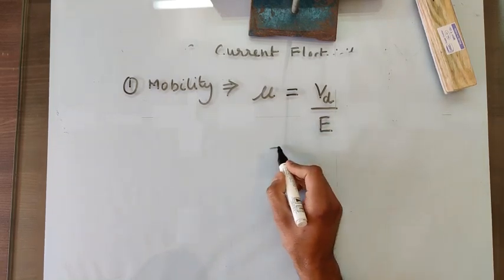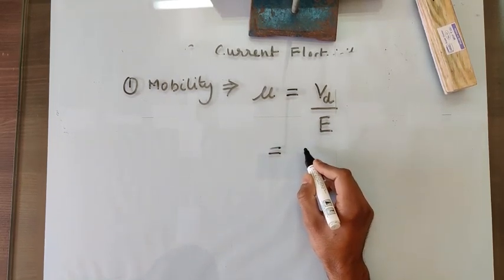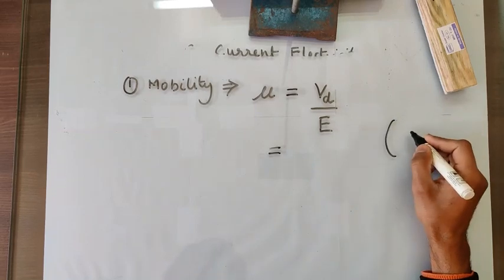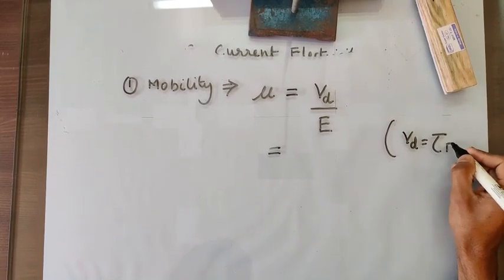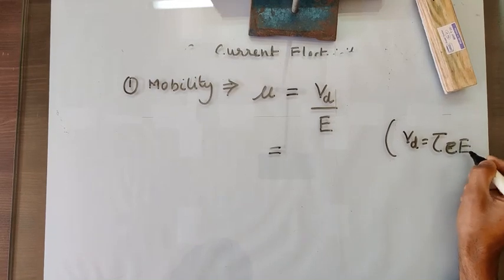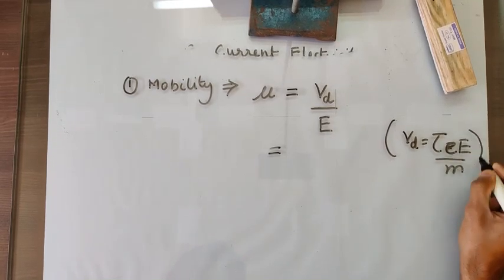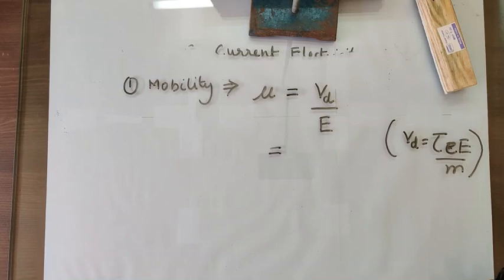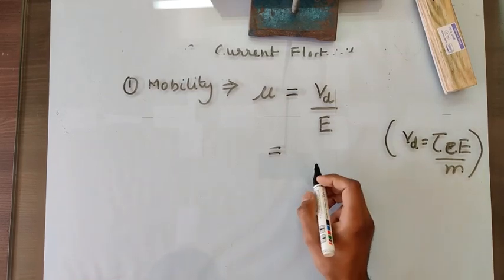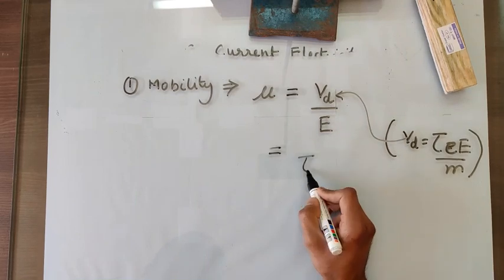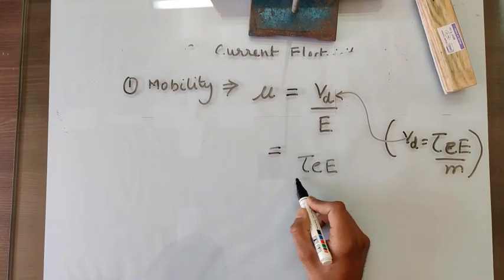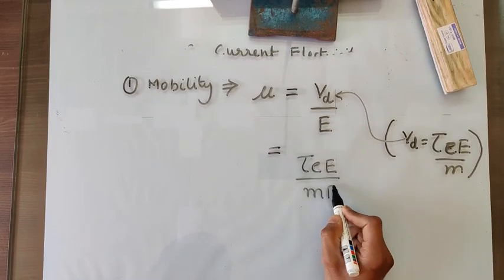And Vd, we already know, is equal to tau e E upon m. This is the relation between electric field and drift velocity. So we are replacing Vd with tau e E upon m.